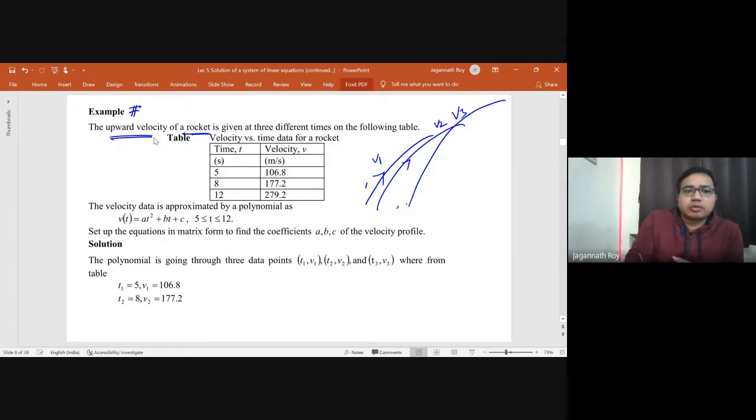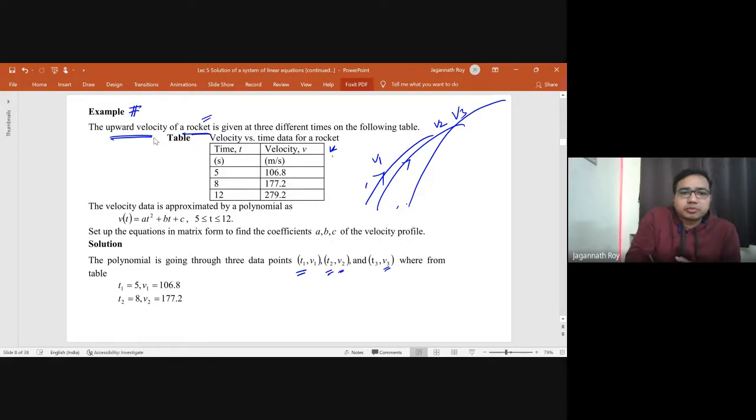Then how do you fit the data given in this table? Depending on this table, different times are given, and you have to find different velocities, so that you can decide which velocity is preferable to eject the rocket.